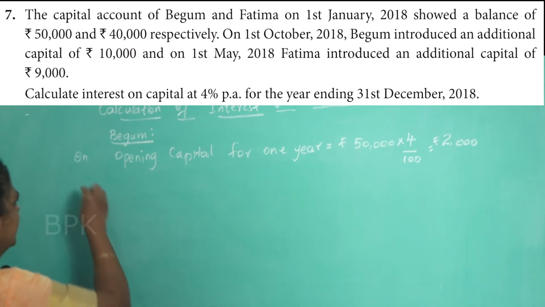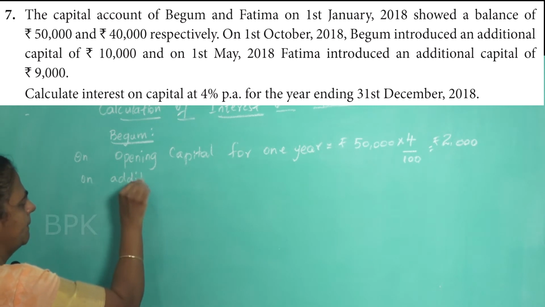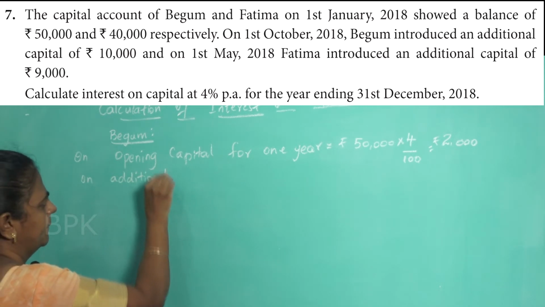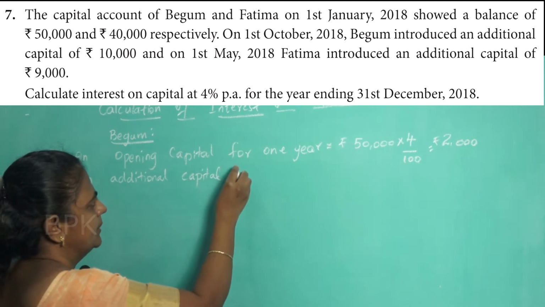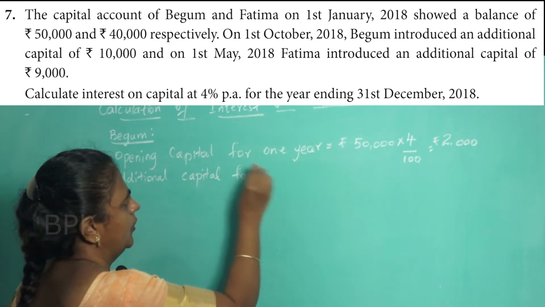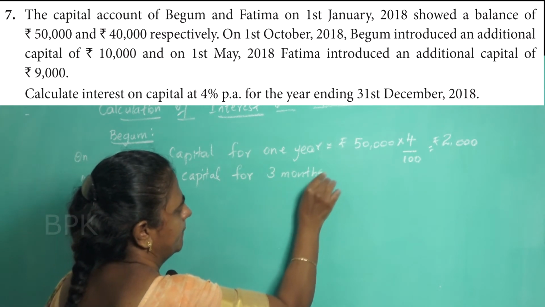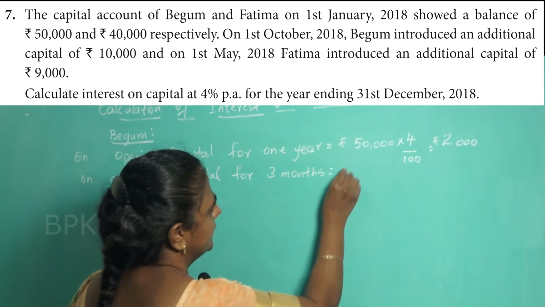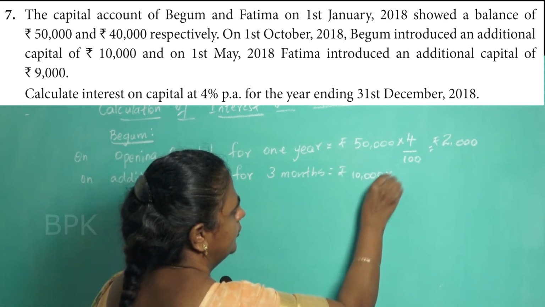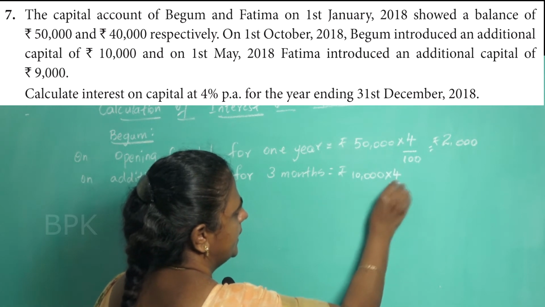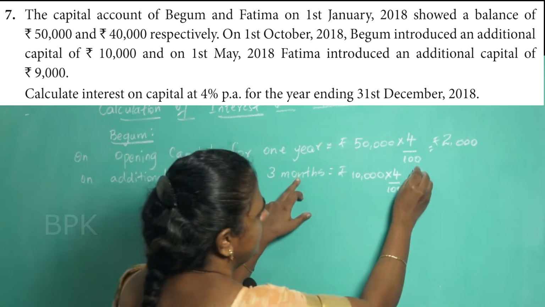So you write like this, on additional capital for 3 months. She is introducing 10,000 rupees, 10,000 into 4 by 100, only for 3 months, so 3 by 12.